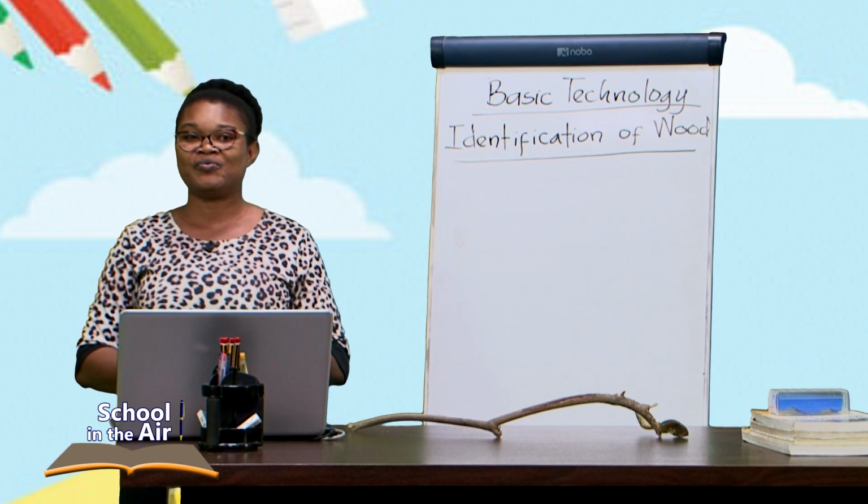Do you know that wood is an engineering material just like rubber, plastic, ceramics, and metal? Wood is super strong, and you will not argue with me if I say that wood is one of the most versatile materials on planet Earth.